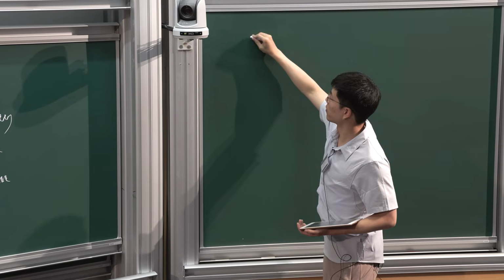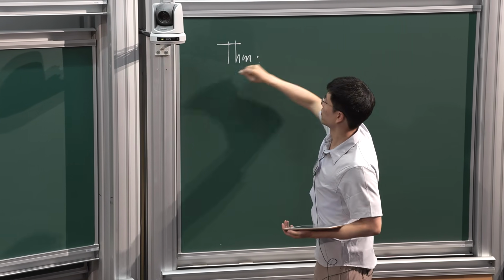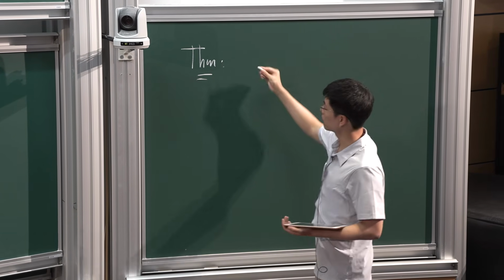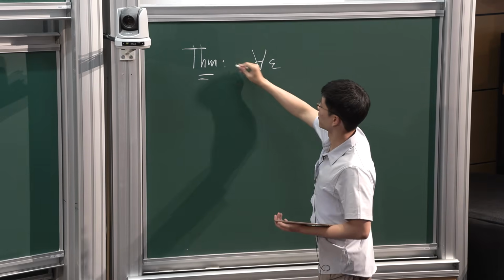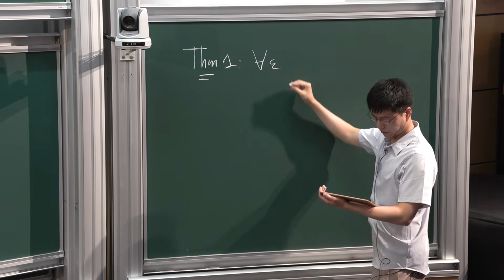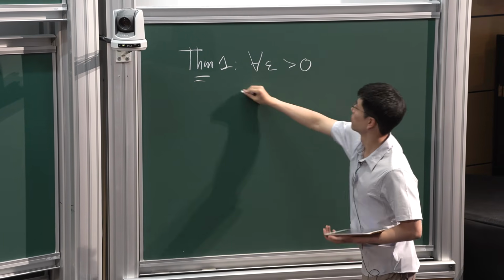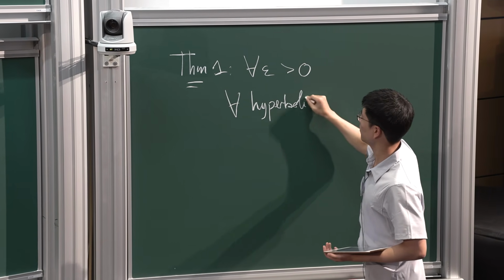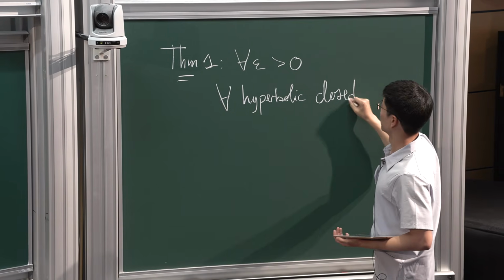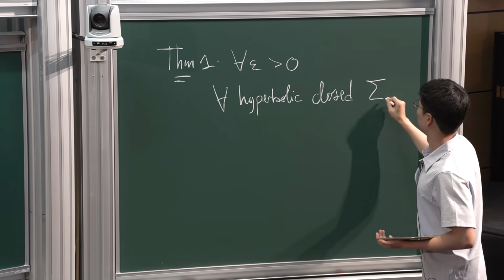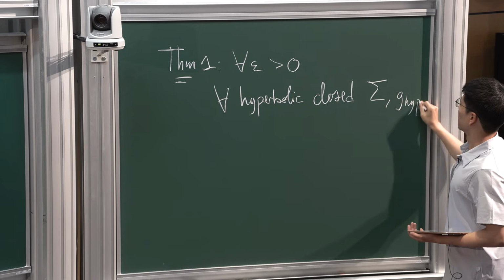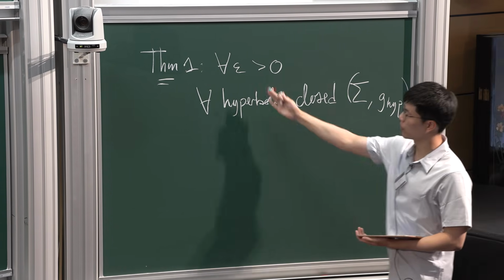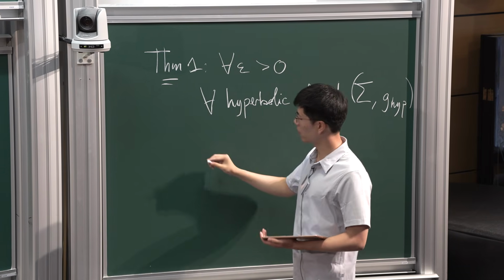Well, no. So before that, I'm going to give you directly the application of the main result. So you give me any closed hyperbolic surface and also some epsilon strictly larger than 0.